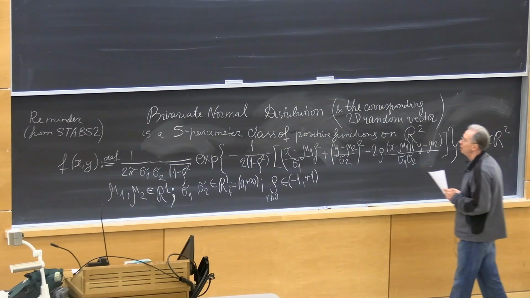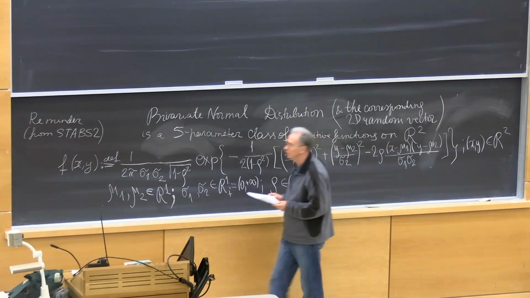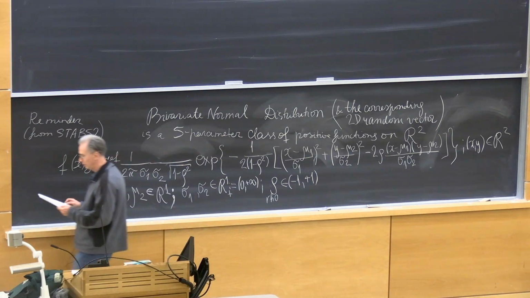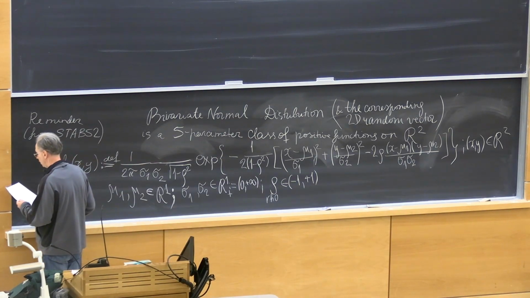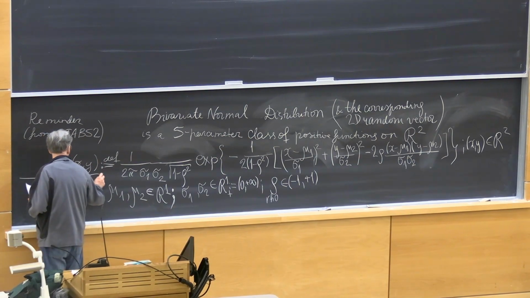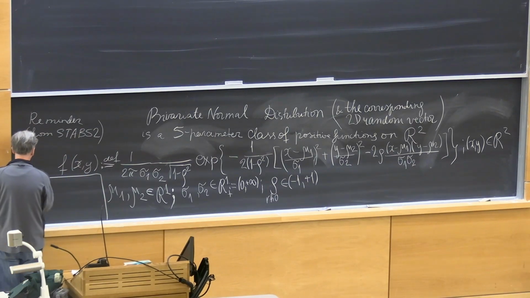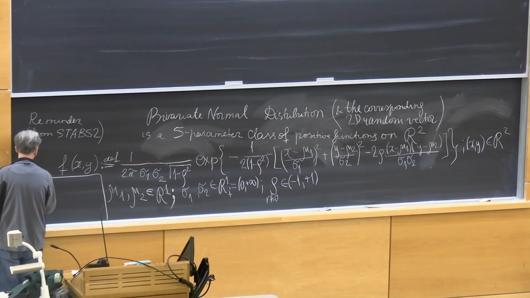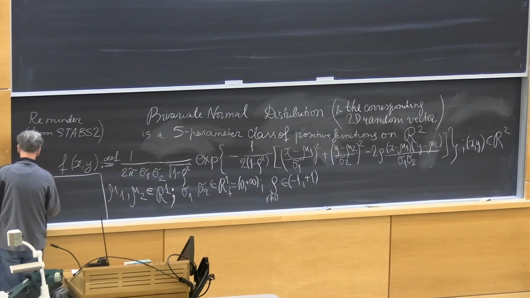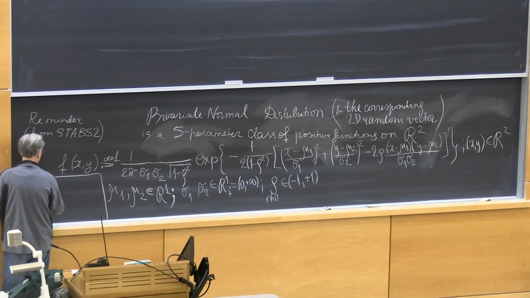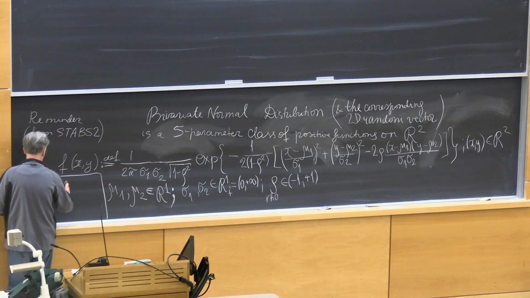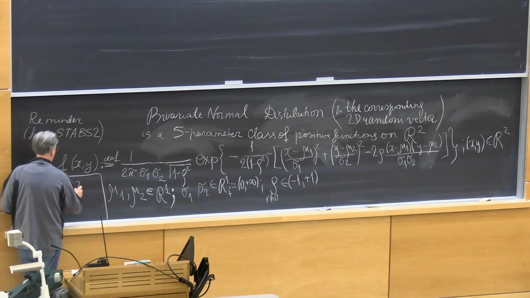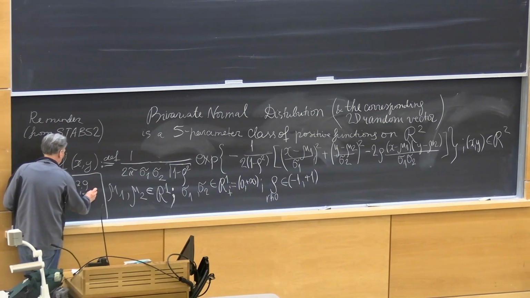Okay. And let me give you some references where you can find it. So Evans and Rosenthal, it's example 279, but the absolute value of rho should be less than 1.